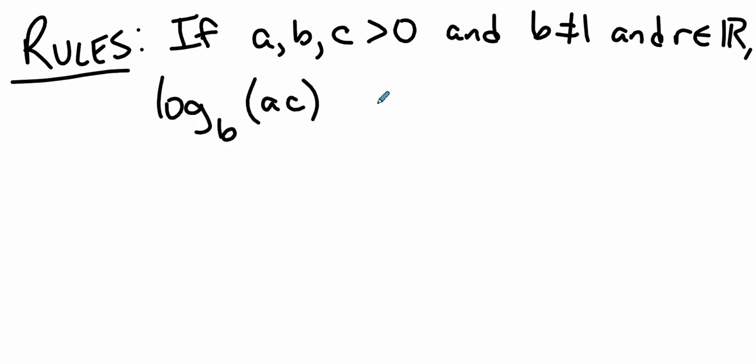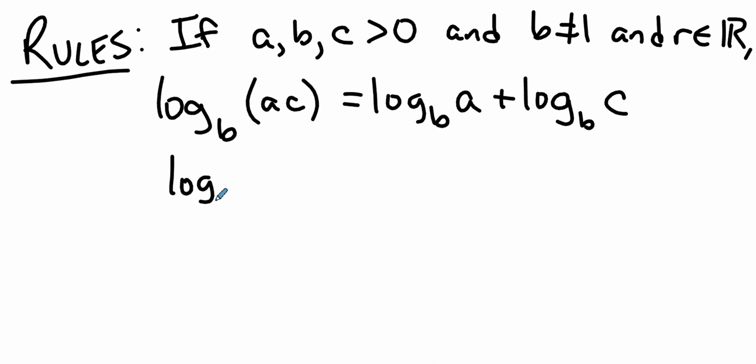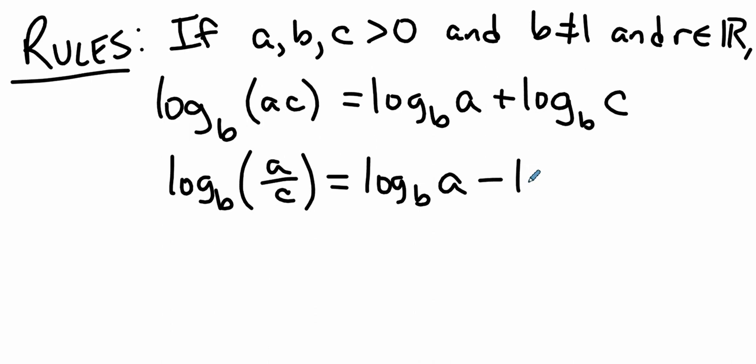The log of A times C is the log of A plus the log of C. The log of A over C is the log of A minus the log of C.